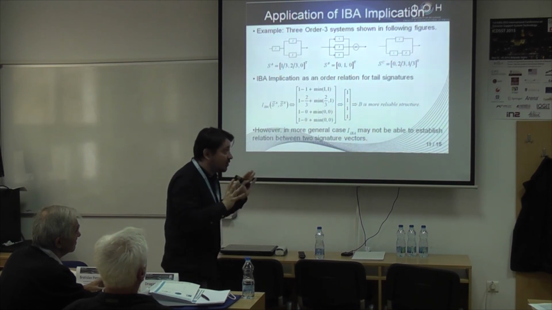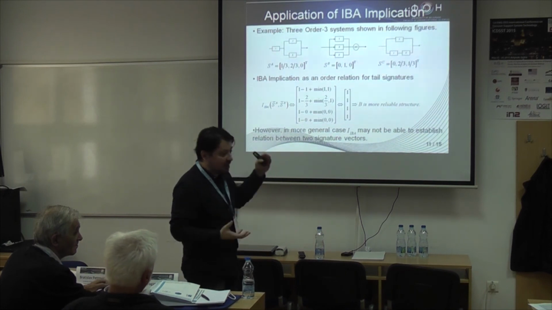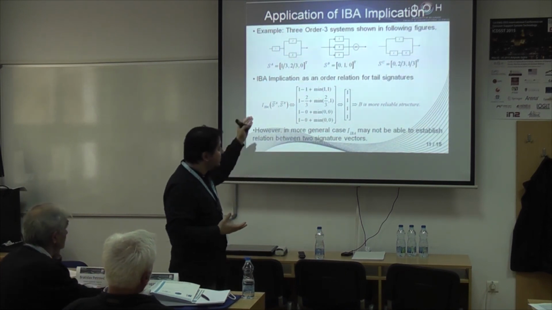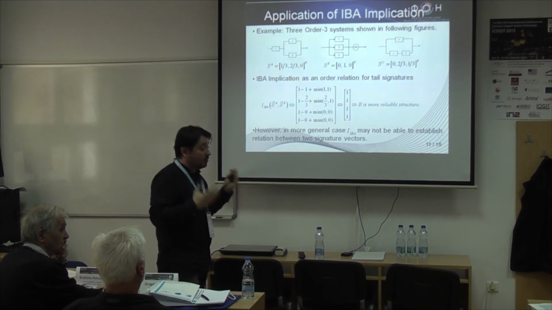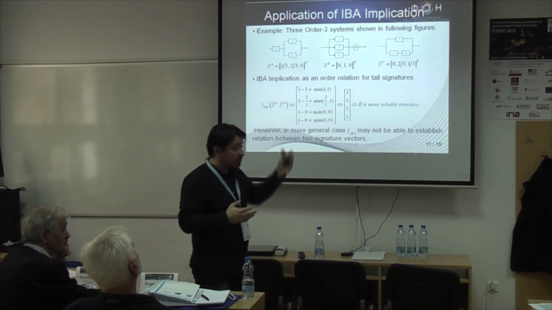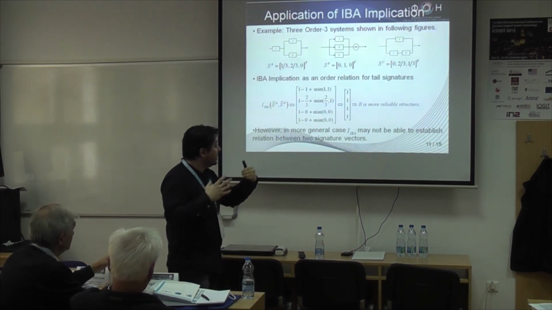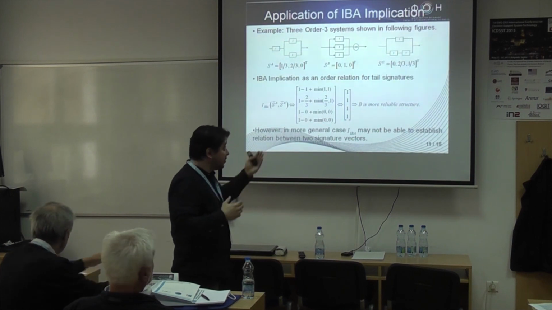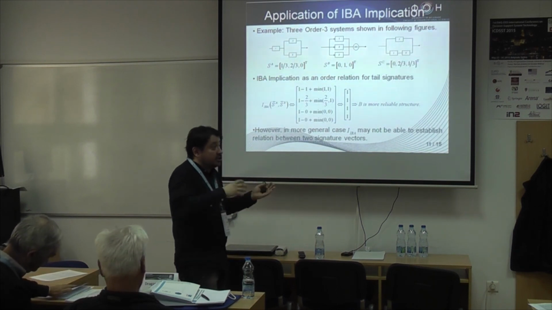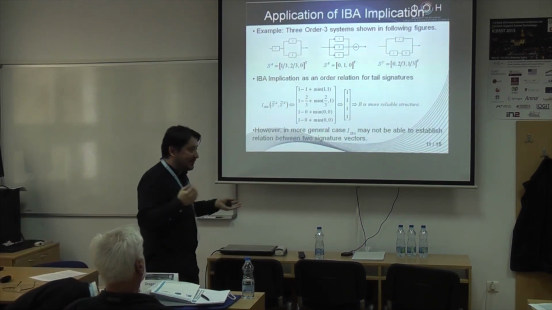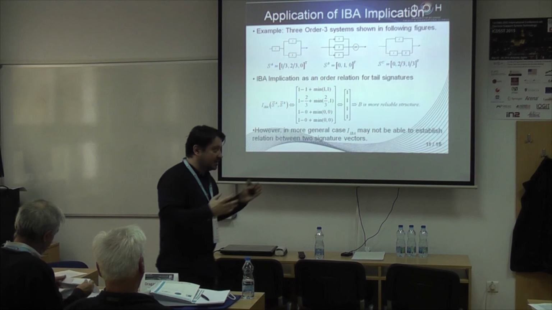Basically, this is a very abstract concept, and the purpose of this concept is that the system structure function is an exponential problem, while this concept is n-dimensional, a linear problem, and the signature vectors can be determined much more easily than the system structure function. If we have a hundred or 200 component system, which is 2 to the power of 100 or 200, the computation of the system structure function becomes very difficult.